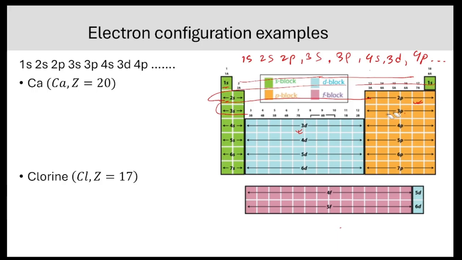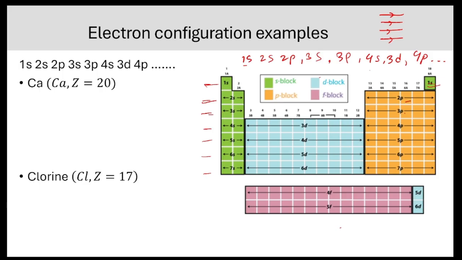The statement I made before may be confusing. If you are just writing as it is, we are basically going from row to row in this direction. So 1s, this is also s, so only 1s, then 2s, 2p, 3s, 3p, 4s, 3d, 4p, 5s, 4d, 5p, and so on.